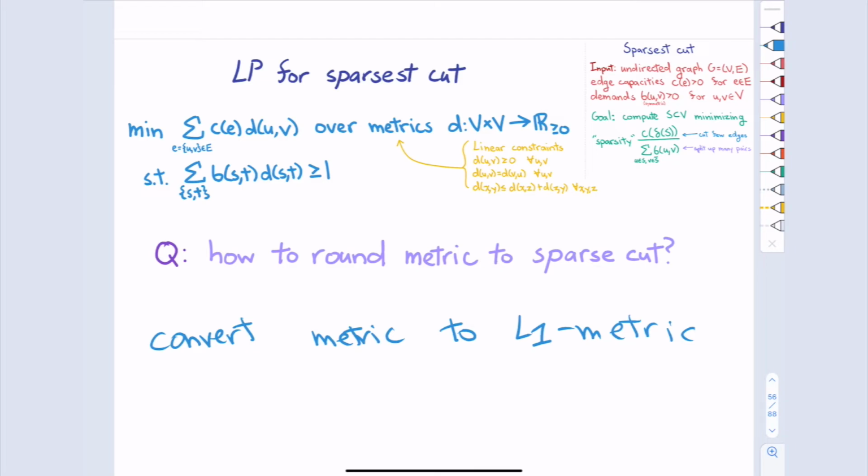We're going to try to find an L1 metric, which won't be exactly the same, that approximates the original metric in a meaningful way. If I can take a generic metric and find a close enough L1 metric, which will give me an approximate solution to the LP, from there I get a cut with the same value. So the only loss in approximation is going from a generic metric to an L1 metric. Does that make sense?